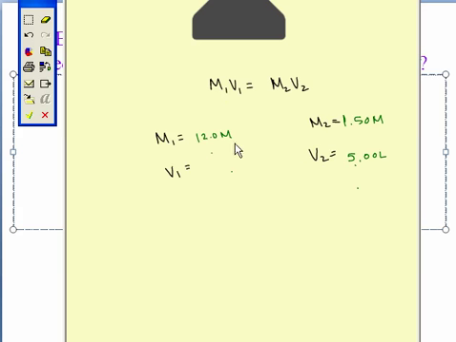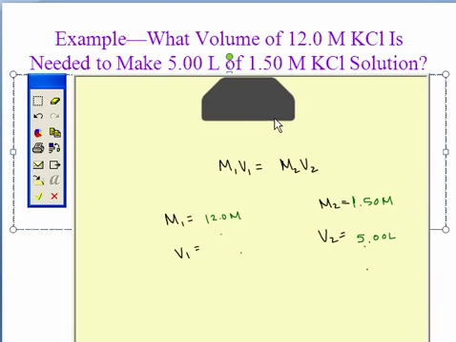I'm given that I have 12 molar potassium chloride, and I want a solution that is 1.5 molar. So this is my initial concentration, my high concentration, and over here is my diluted concentration, my lower concentration. And I have a volume of 5 liters.